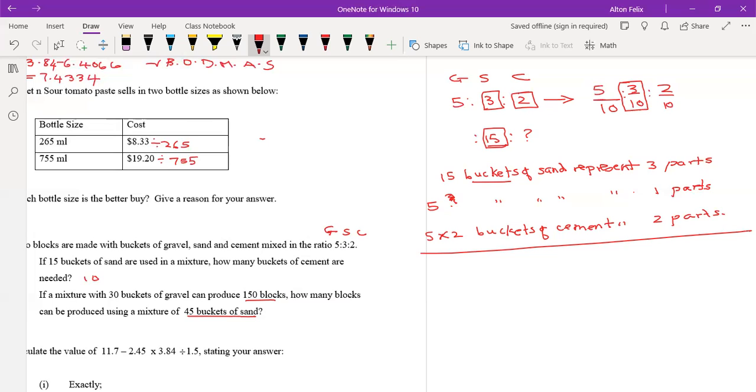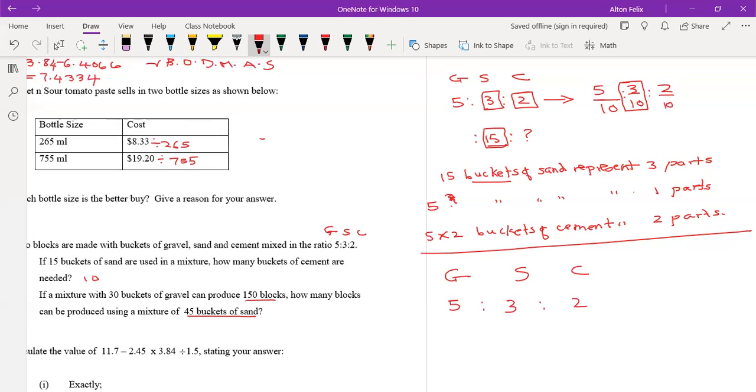Let's see how many buckets of gravel 45 buckets of sand would correspond to in that particular mixture. Let's write down the ratio again, gravel to sand to cement. The parts here will be 5 to 3 to 2.